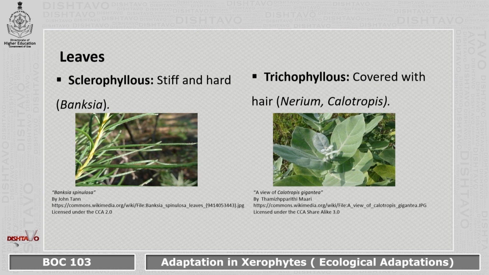Leaves. The leaves in xerophytes are modified. They can be studied under various headings. The first is called sclerophyllous leaves. Sclerophyllous leaves are those leaves which are stiff and hard, as seen in Banksia. They can be trichophyllous, where they are covered with hair-like structures, as seen in Nerium and Calotropis.